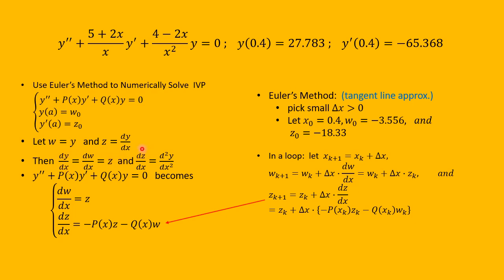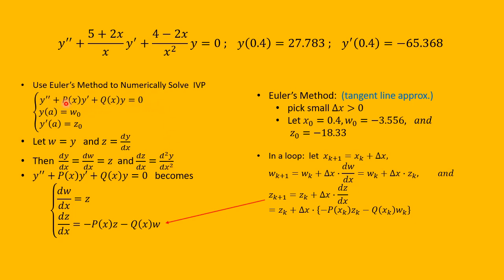If we want the derivative of z with respect to x, by just differentiating this with respect to x, we get dz/dx equals the second derivative of y with respect to x. So this second order homogeneous differential equation can be written as the derivative of w with respect to x equals z, which is this equation right here, and then the derivative of z with respect to x, which happens to be the second derivative of y with respect to x, equals what?